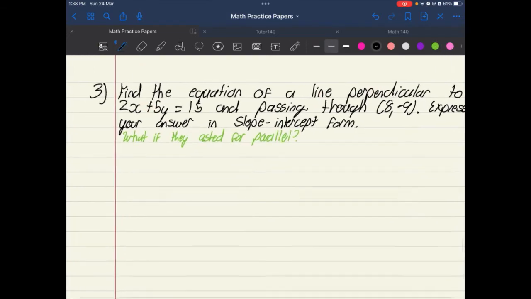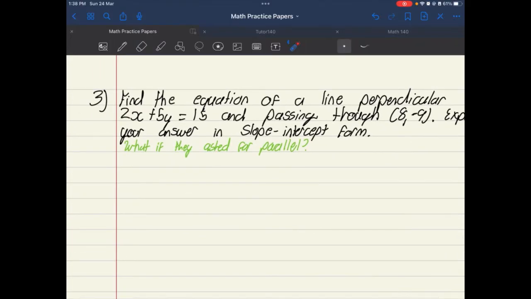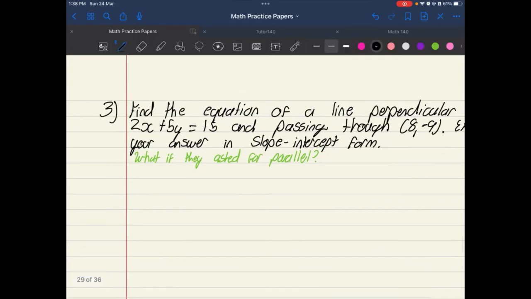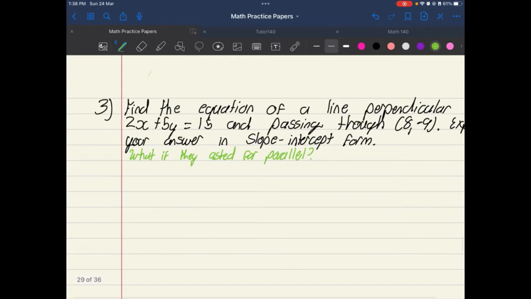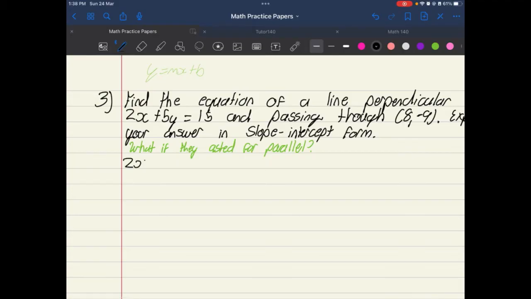Okay, so to approach this, we have to put this in slope-intercept form, which is y equals mx plus b. To do that, we have to solve for y. So we have 2x plus 5y is equal to 15. Solve for y. So we have 5y equal to negative 2x plus 15.